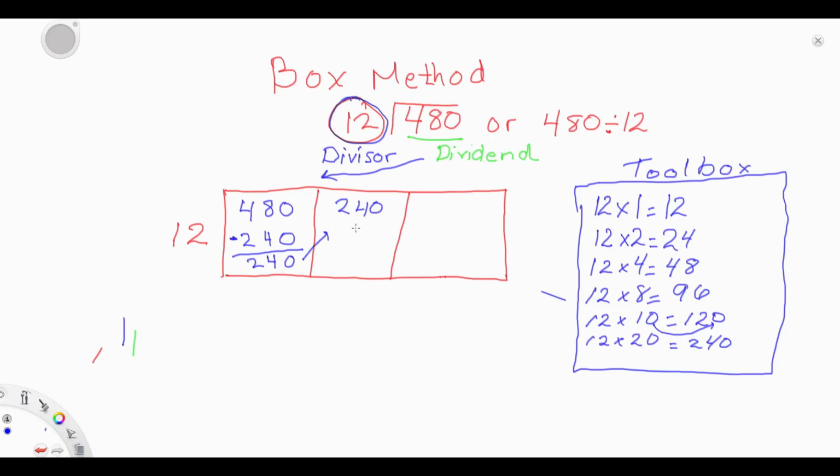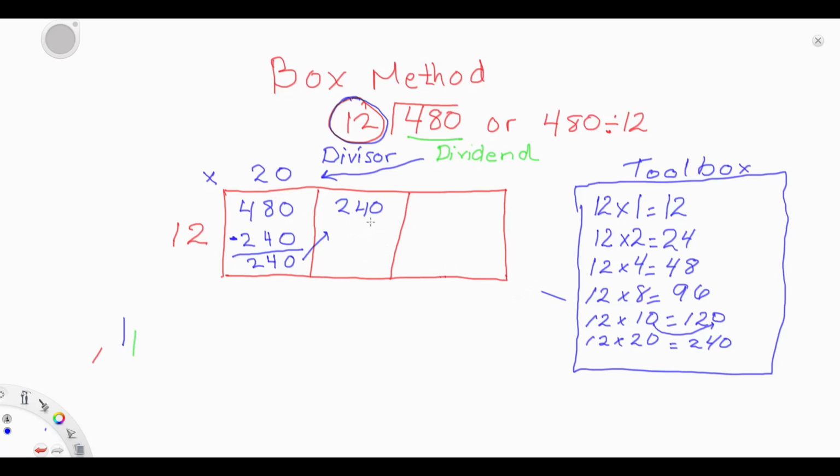How are we going to get our answer for division if we're only doing repeated subtraction? Let's step back. 240. I know that 12 times a number is 240. 12 times what number? 12 times 20. You will see where I go once I complete everything.